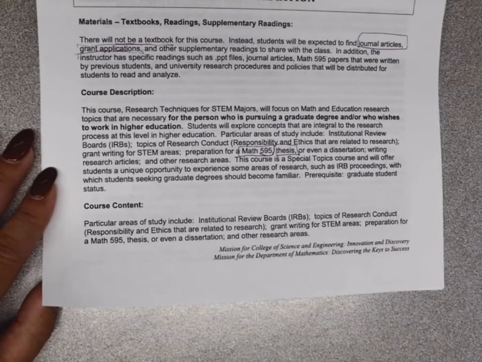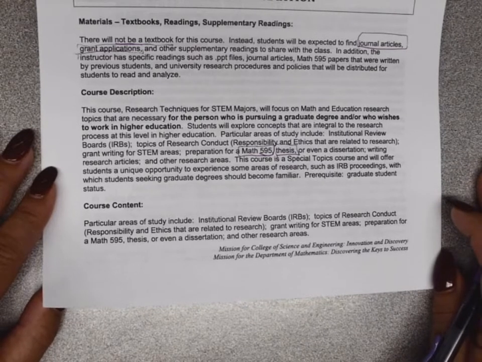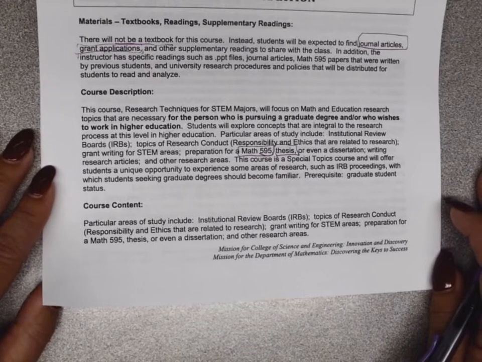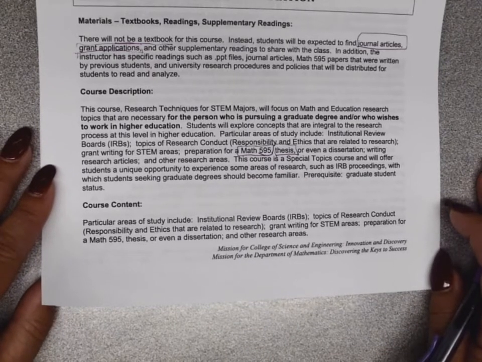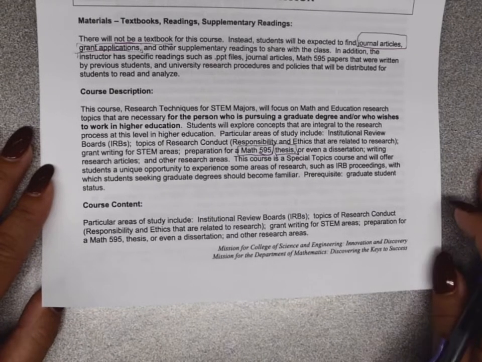I had a student do a 595 on fractions throughout math history. Now, you guys can't do that because she's already done it, but you could look at, I don't know, geometry throughout math history, or you could look at a particular person's works and how that has affected our modern day math, or something like that.